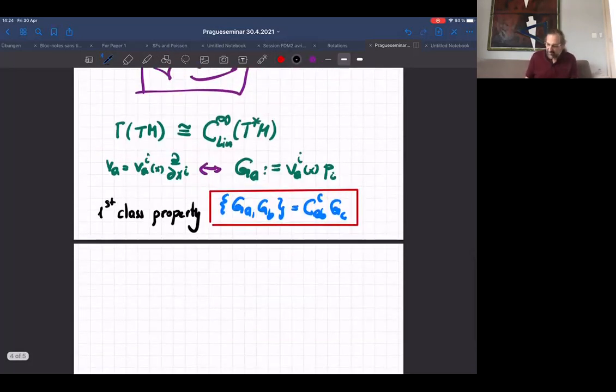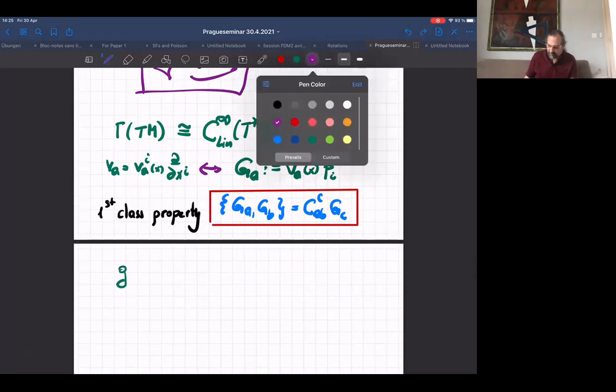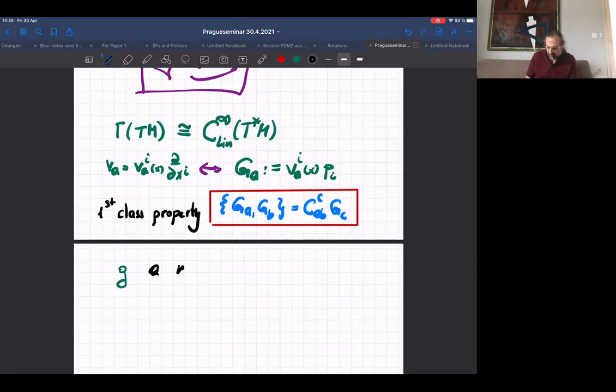Now we want to add a Hamiltonian, and the standard Hamiltonian in mechanics is given by a metric on M. So let g be a metric on M. Then we take our Hamiltonian H just in the usual way: we take the inverse matrix g^{ij}(x), and it's p_i p_j.